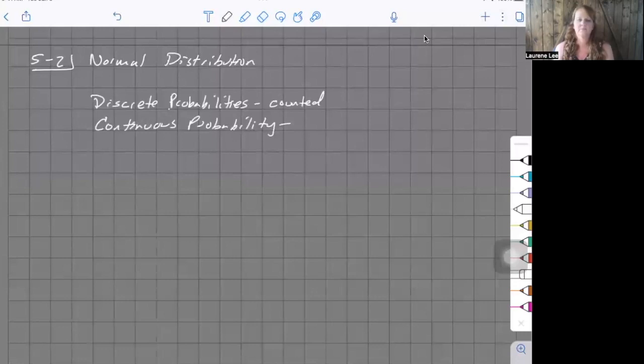If we're talking about somebody's blood pressure, there are an infinite number of blood pressures somebody could have because we're measuring in decimals and there are an infinite number of decimals. They could have 120.1, 120.2, 120.3. There are all of these options, and so to make a bar for each one becomes unrealistic.